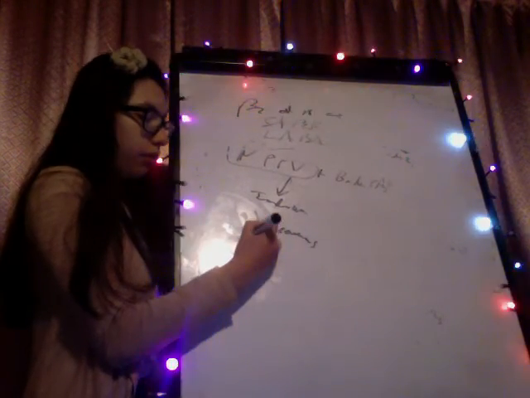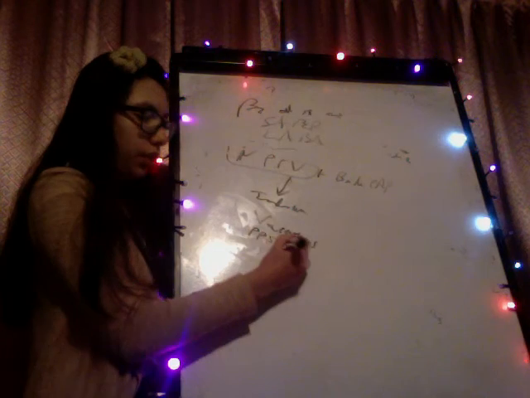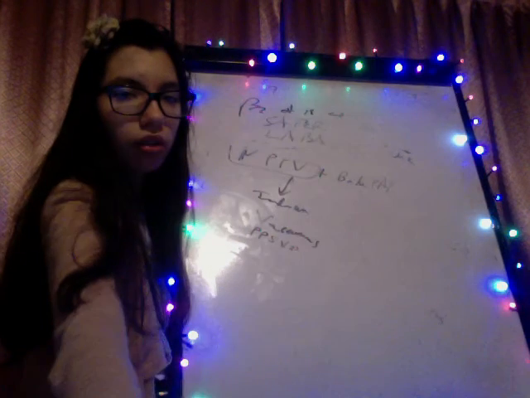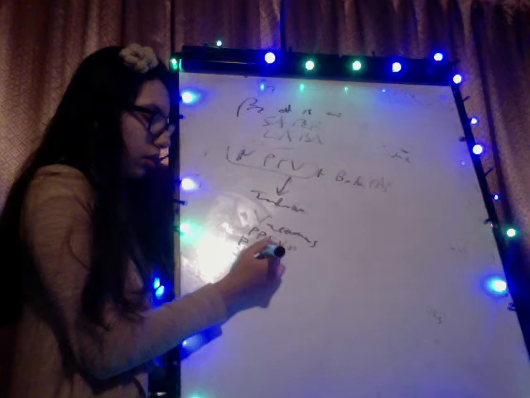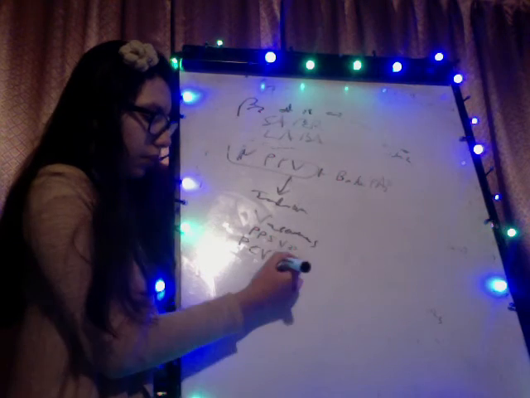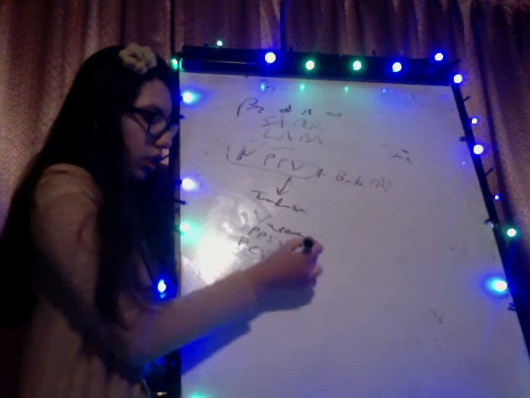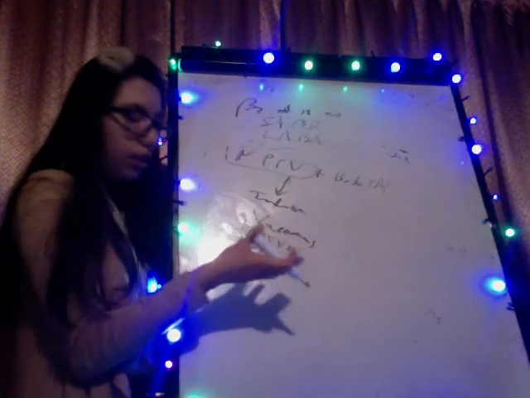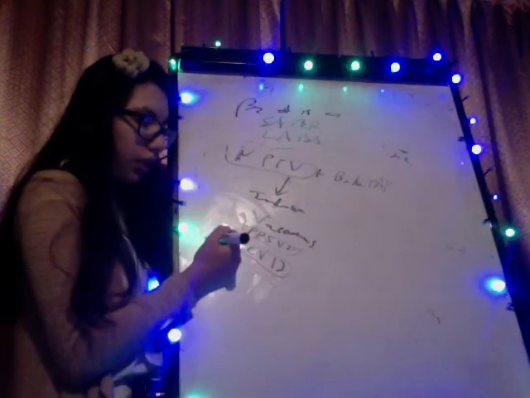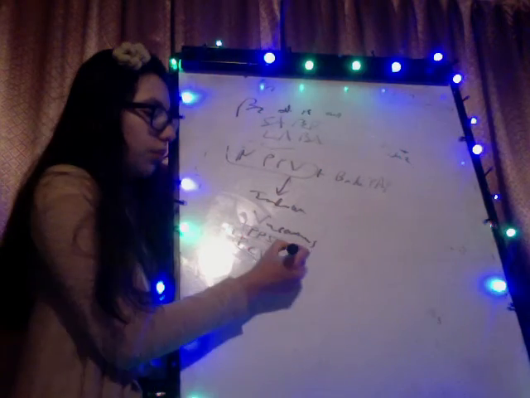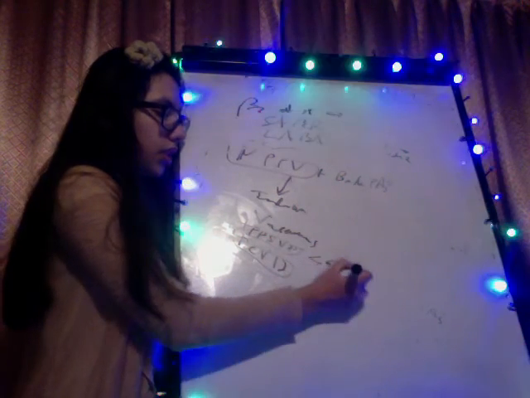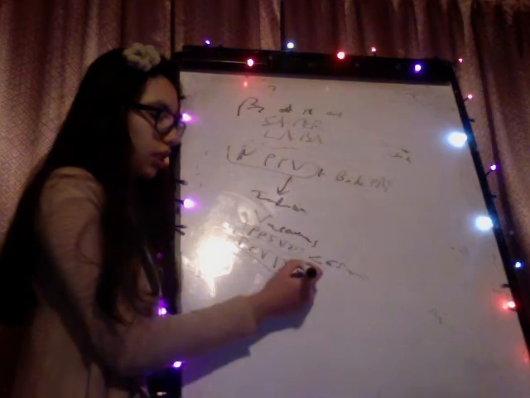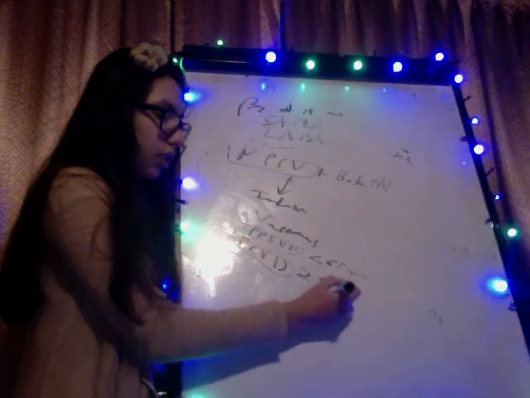These are PPSV23 and PCV13. This is the non-conjugated vaccine, just polysaccharide vaccine, and this is the conjugated vaccine with toxin. This we just give if the patient has less than 65 years of age, and this if is greater or equal to 65 years of age.